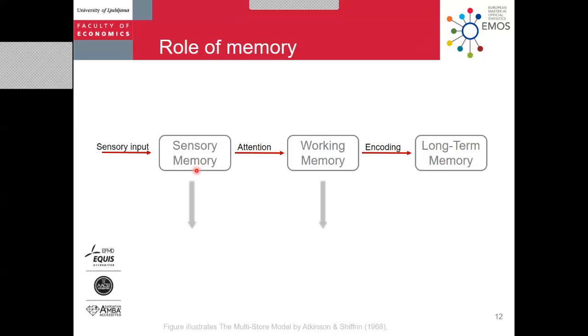Part of the information that got into iconic memory gets our attention and is then conveyed to our working memory. Anything else is forgotten.